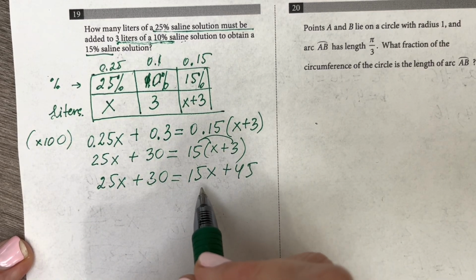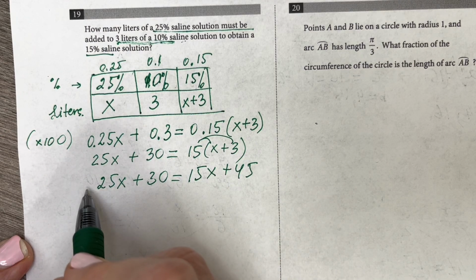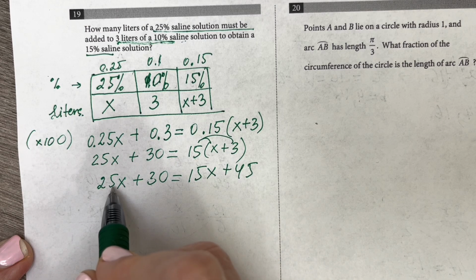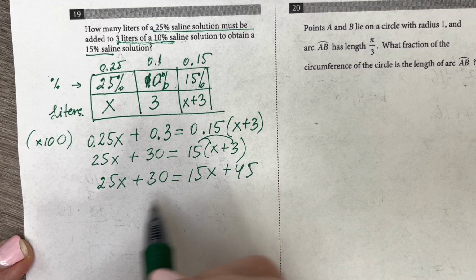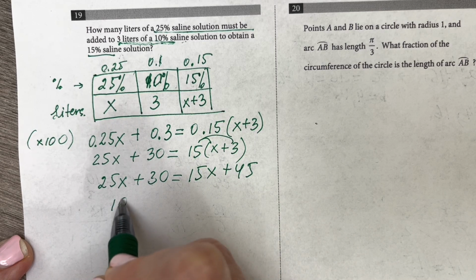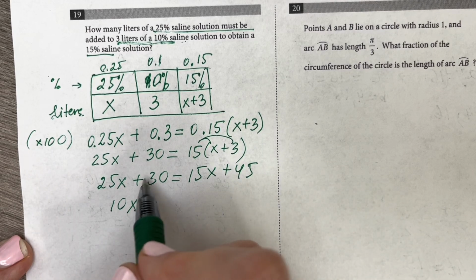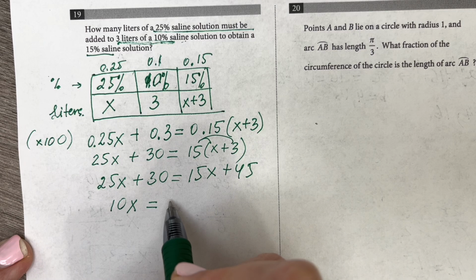Rearranging. So keep x's on one side, combining. So 25x subtract, because we're moving to another side, 15x, we will have 10x. So 45 minus 30, because we're moving 30 to another side, 15.